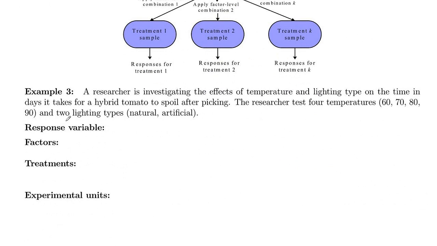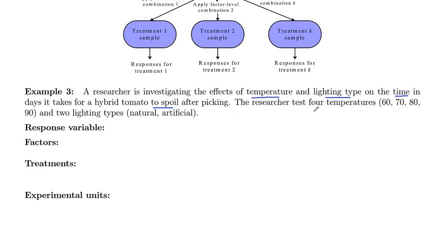Let's look at another example here, testing our vocabulary. A researcher is investigating the effects of temperature and lighting type on the time in days it takes for a hybrid tomato to spoil. So time to spoil after picking.